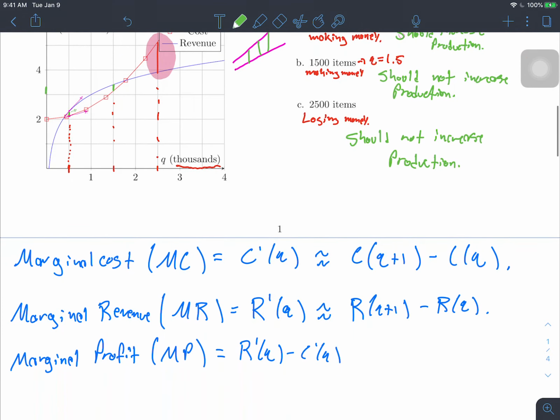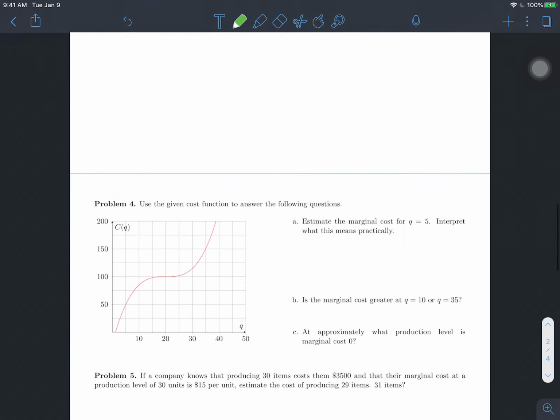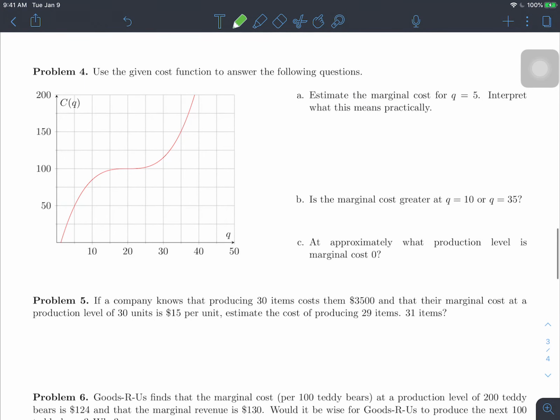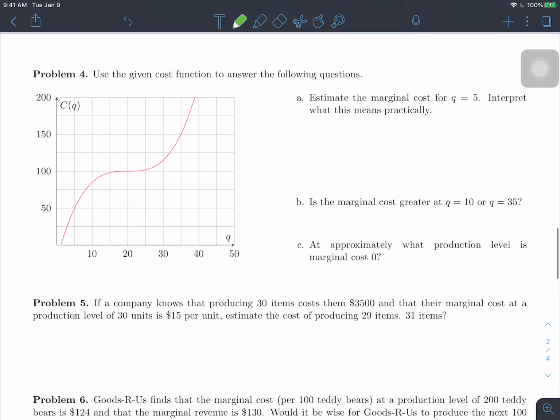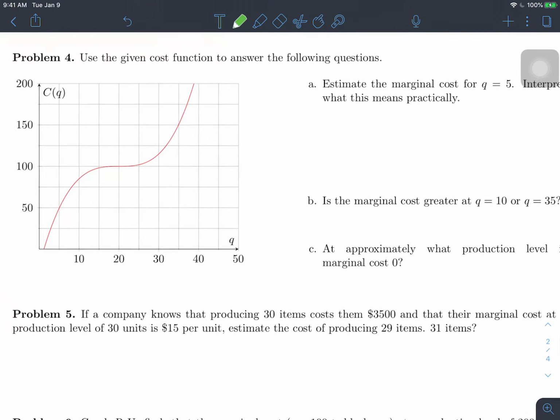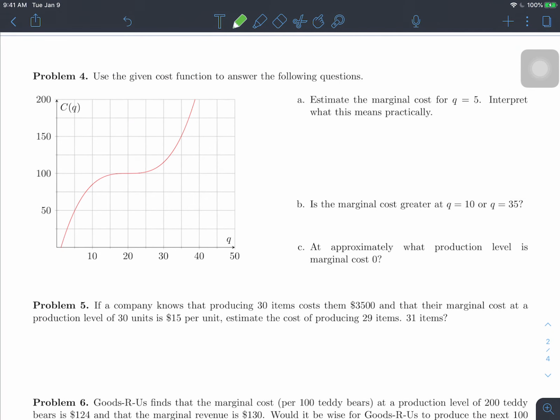Okay. So we'll do one more problem. Use the given cost function to answer the following questions. Estimate the marginal cost for Q equal to 5, and interpret what this means practically. So we're interpreting a marginal cost again.